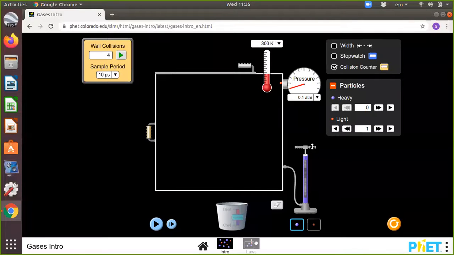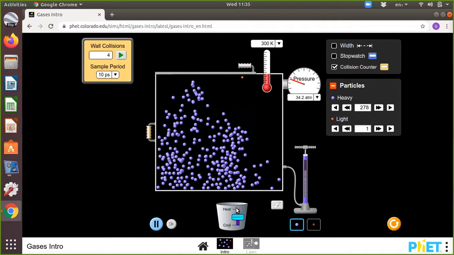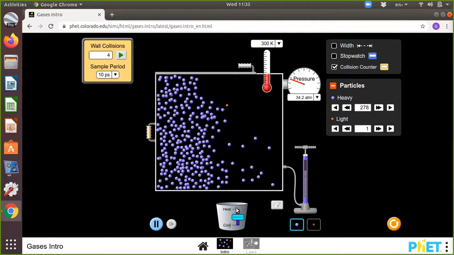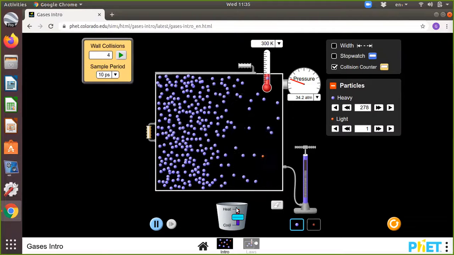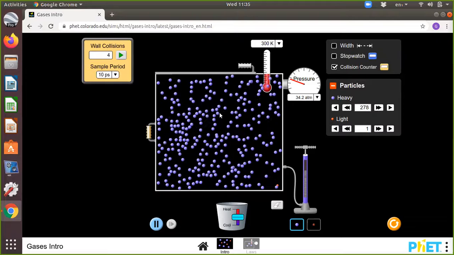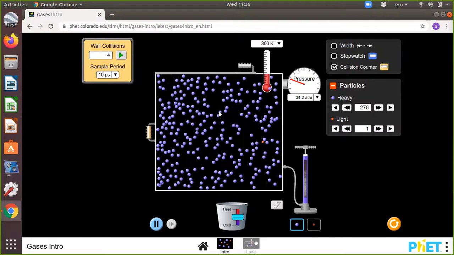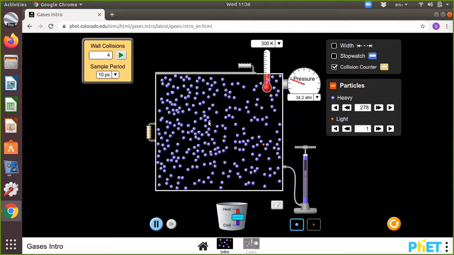If I was to demonstrate that, particles move in random directions. It takes a second to settle down. They're not just moving from left to right, they're moving up and down, and also moving in and out, which you can't see because you've got a 2-dimensional screen.